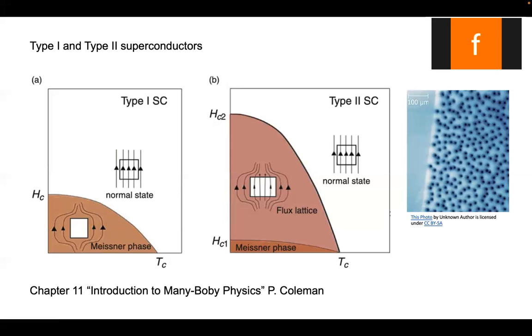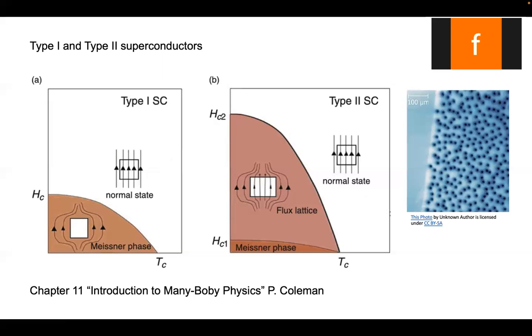But there are also the type 2 superconductors. For instance, niobium is a type 2 superconductor where we have 3 phases. So indeed, there are 2 critical magnetic fields, H. First of all, there is a normal state where if you apply a magnetic field, the magnetic field enters the sample.